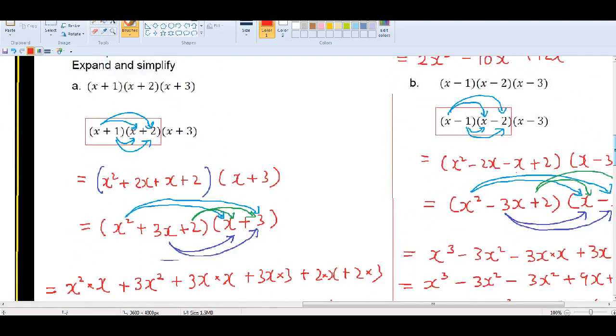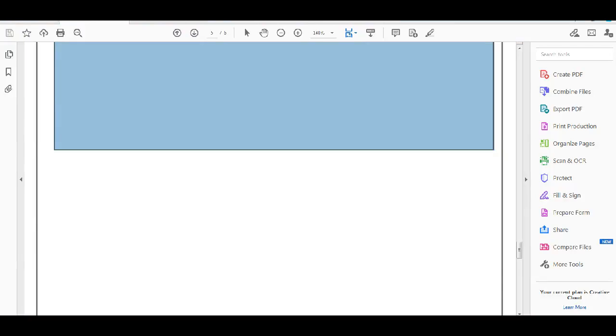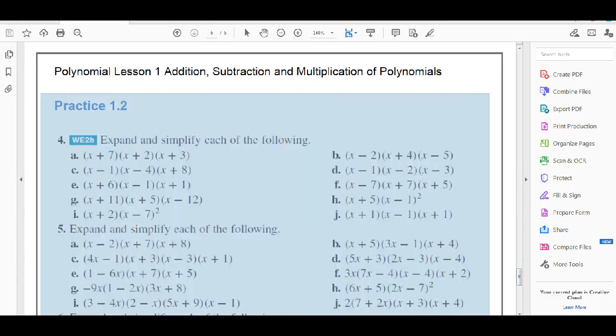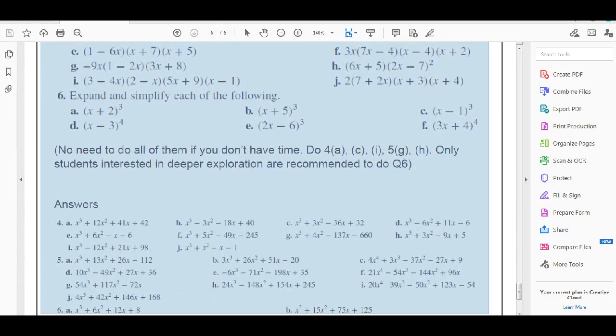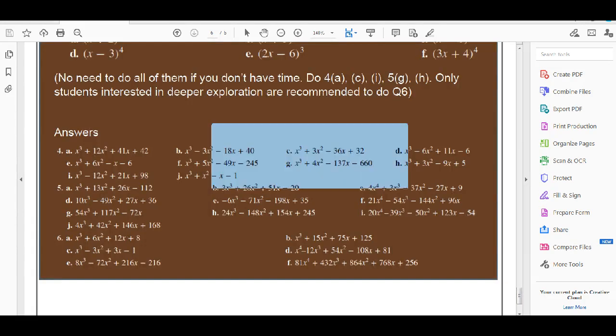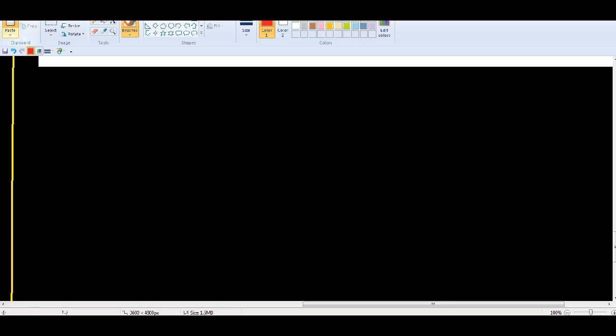Okay, so there is a bit of variation there, to train your algebraic skills. Alright, so let's see the practice. After this we have practice 1.2. This practice includes a lot of questions, and all the variations we've done here.